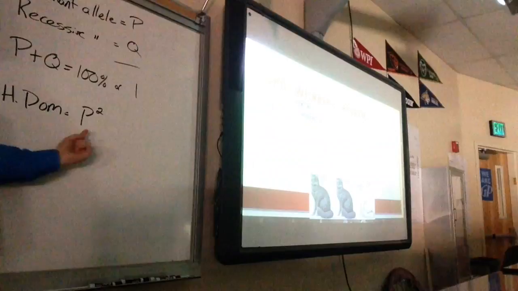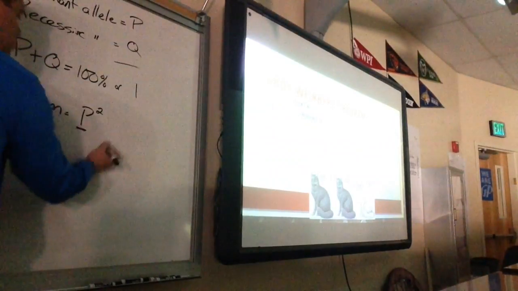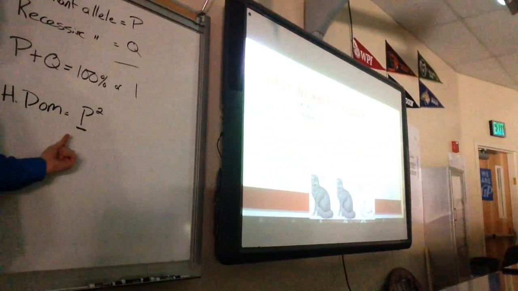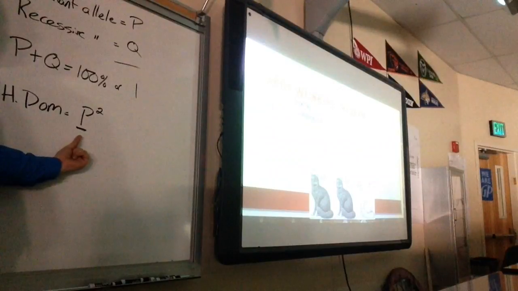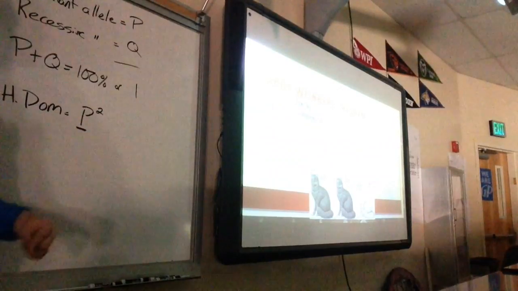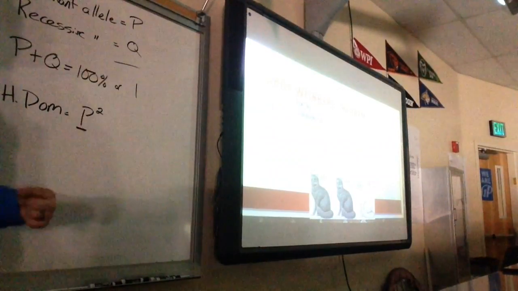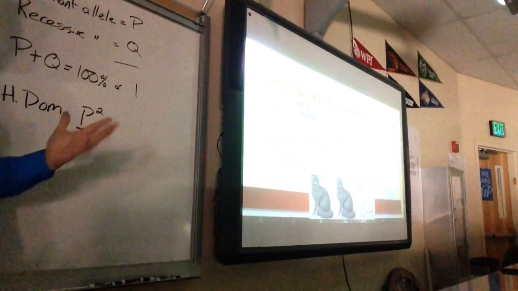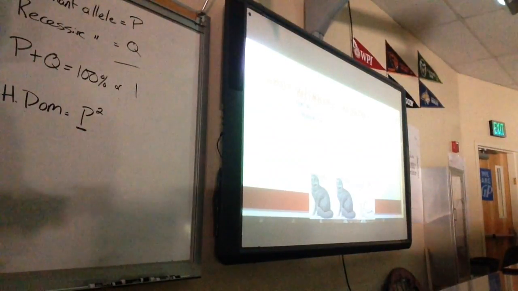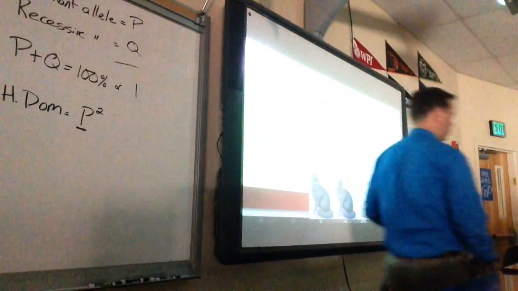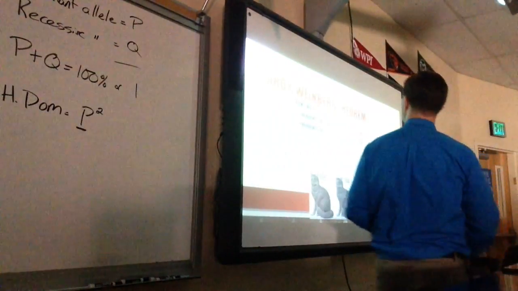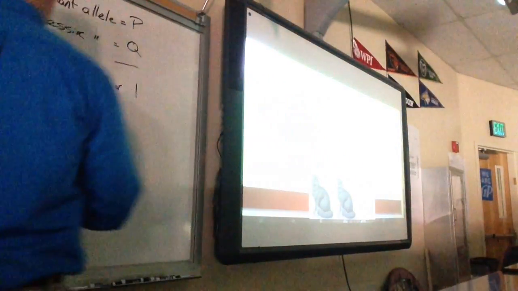Okay. So this is just the letter we're going to use to represent the number of people that are homozygous dominant. That's it. That's all P squared represents. It's P squared because they are capital. If we're going to do the homozygous recessive ones, that's going to be Q squared.